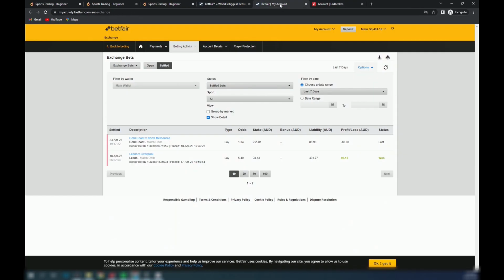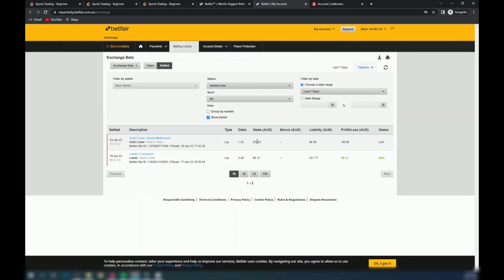And if we head over to our exchange side, we'll see that this bet here, we did a lay stake of $255.81. Now, if you remember back to module 2, the amount that we win in a lay bet is the stake itself.